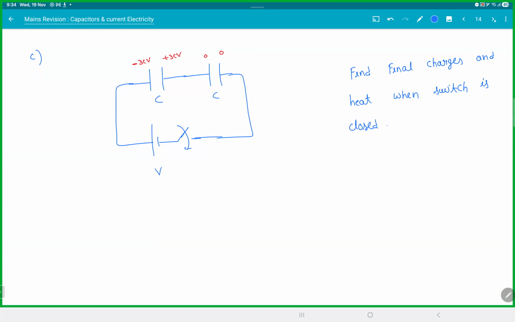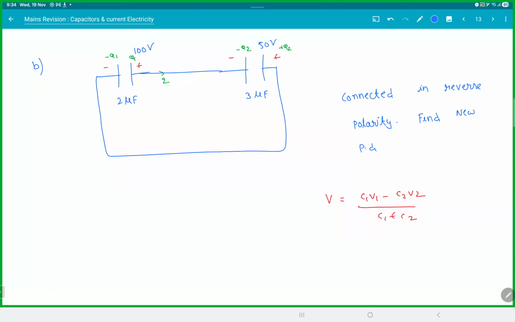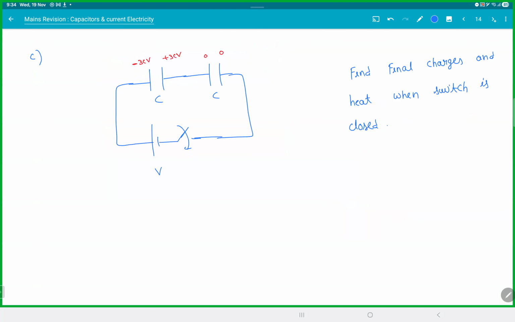This time you have two capacitors and a battery. C1, V1, C2, V2. They're connected in reverse polarity, so that will be minus. Same polarity will be plus.